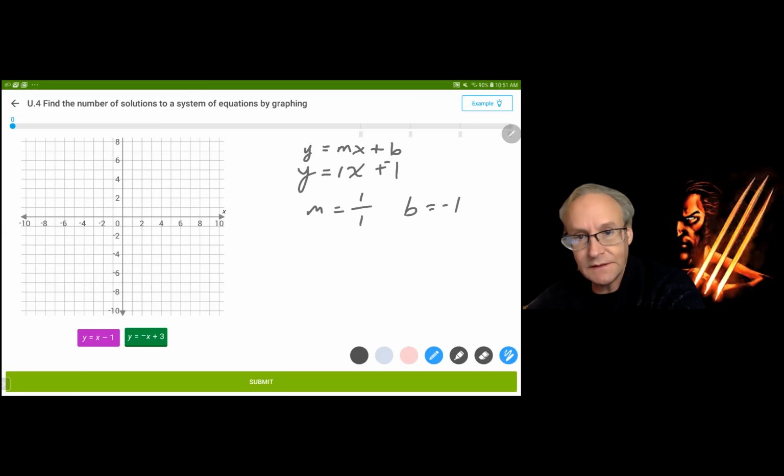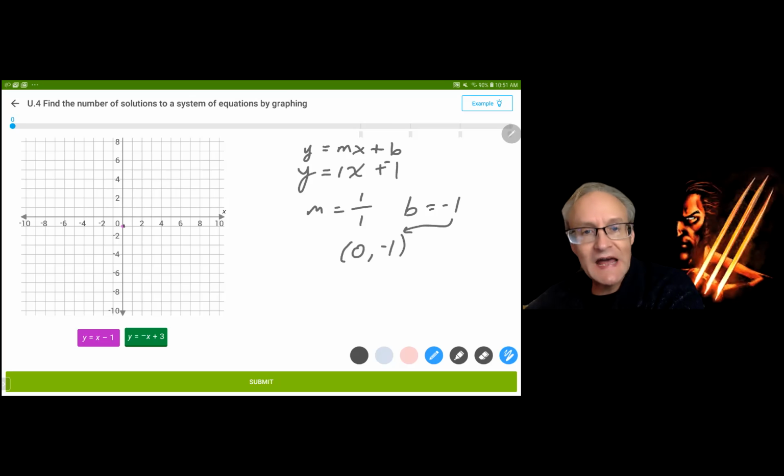The reason we like the b term is because if I put a 0 into this equation, I get negative 1 out. And this is how you interpret a y-intercept. It really should be written as a point. So we write (0, negative 1).